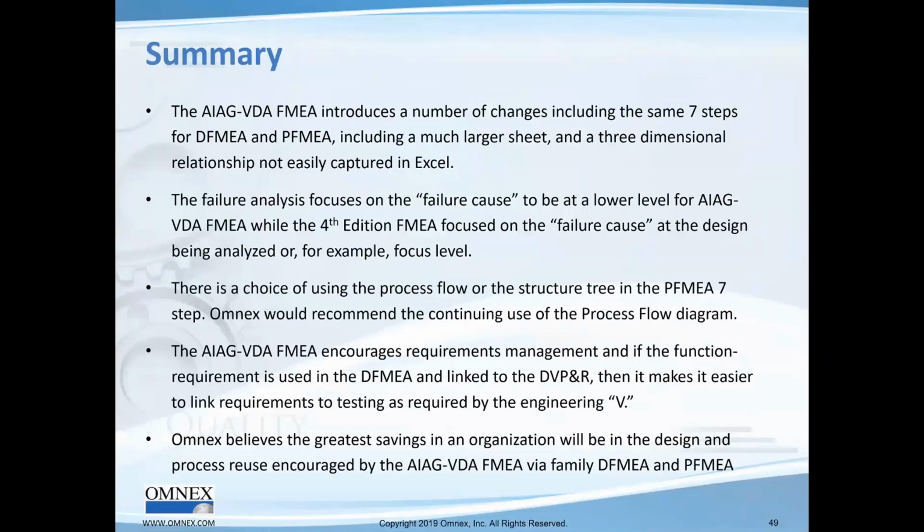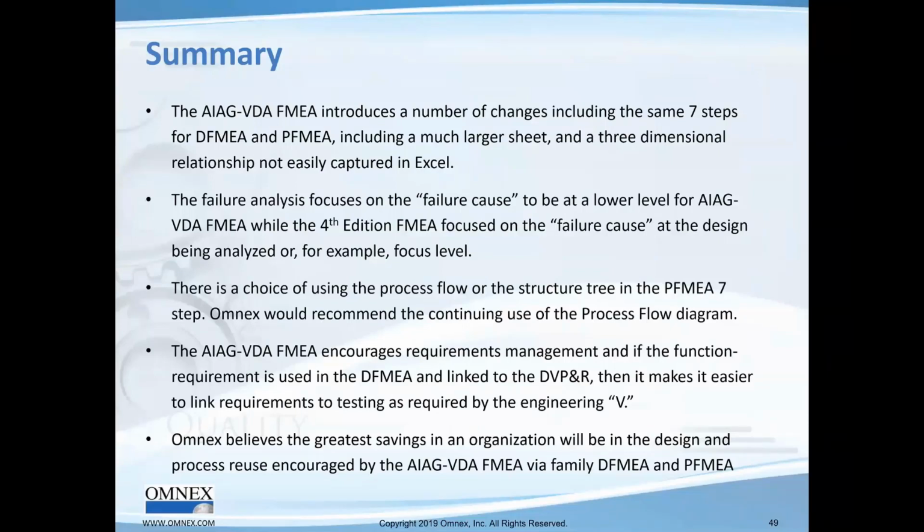All right. The failure analysis focuses on the failure cause at a lower level, while the 4th edition focuses on the current design. I told you that, right? That's also an issue for us, and we'll talk about that this Thursday. Then there's a choice between using process flow or structure tree in the PFMEA step 2 structure analysis. We recommend you go with the process flow diagram. It's much easier, much better, more descriptive.